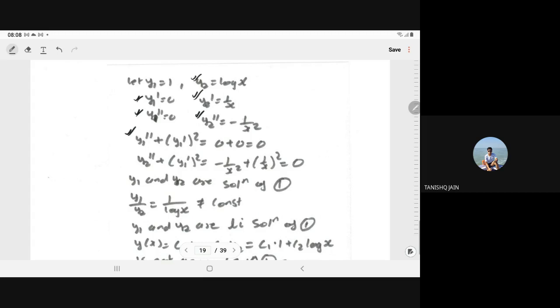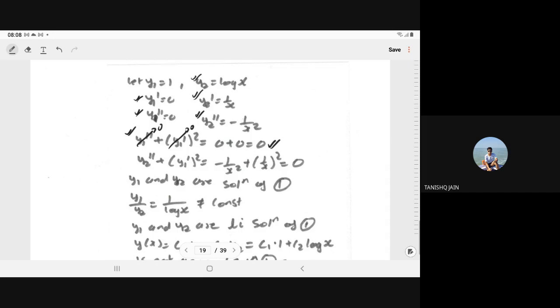And the given second order differential equation will be y1 double dash plus y1 dash square. So when we put the values, this is 0, this is 0. So 0 plus 0 will give you 0. So y1 satisfies the given equation.